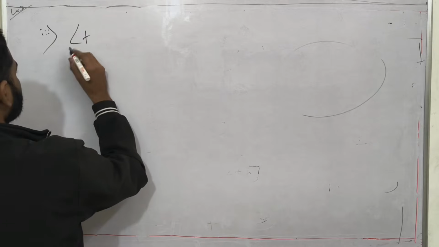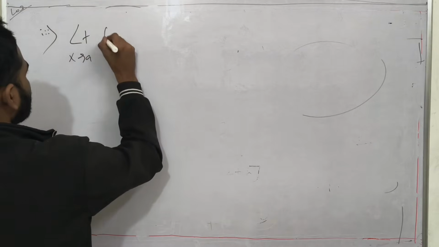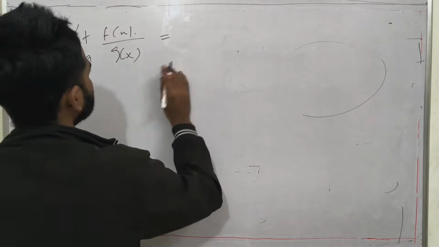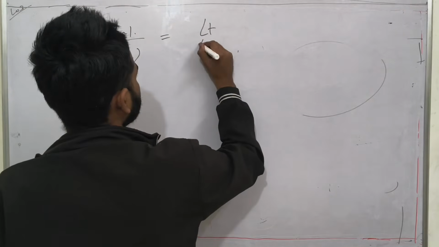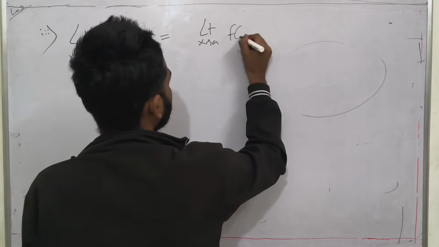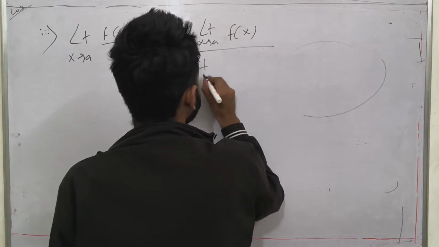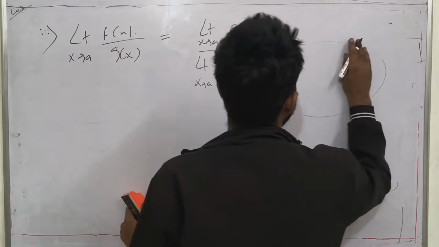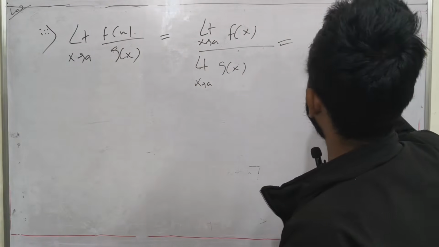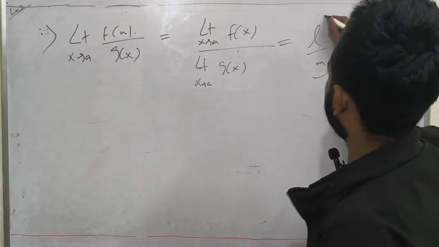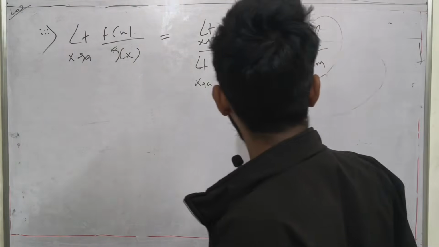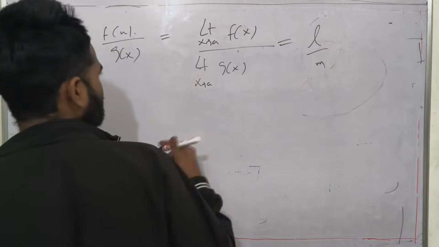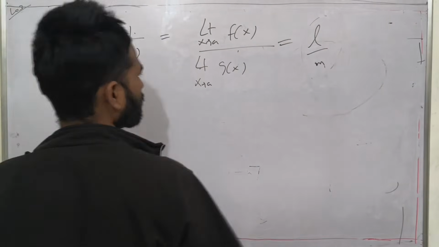Limit x tends to a of f of x by g of x equals limit x tends to a of f of x by limit x tends to a of g of x equals L by M. Okay, so yeah, this is the third rule.